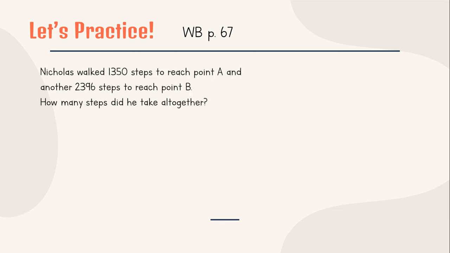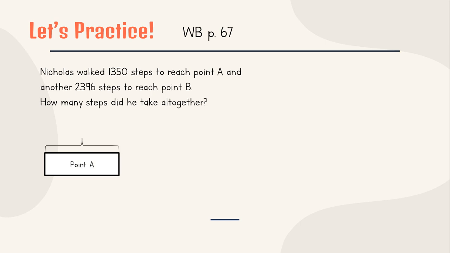Let's practice. Open up your workbook, page 67. I'm going to give you 10 seconds to do it. So that's it. Nicholas walked 1,350 steps to reach point A and another 2,396 steps to reach point B. How many steps did he take altogether?